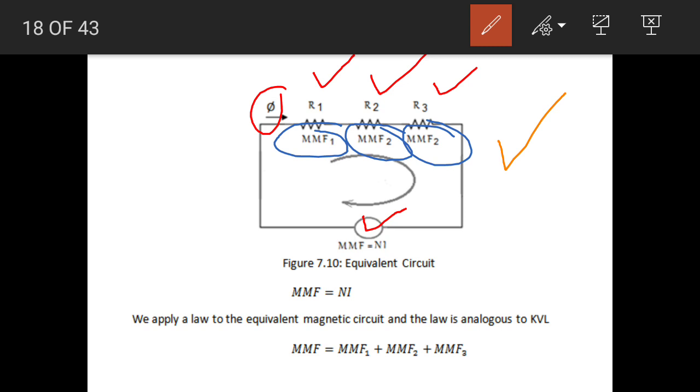You see, MMF is analogous to voltage, and flux is analogous to current. So MMF in this particular circuit will be equal to Ni.